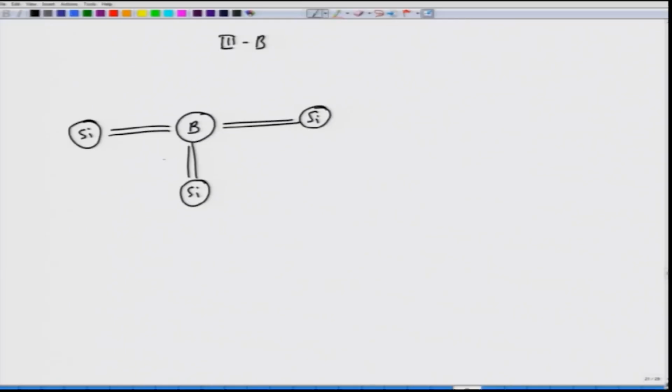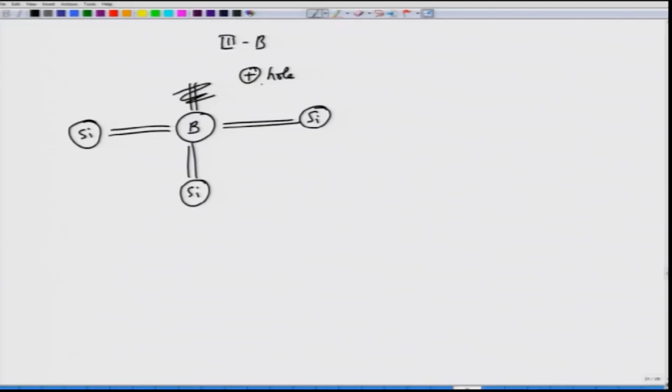Now, because there are 3 electrons which have been bonded, there is a third bond which is now empty. So, that particular bonding becomes available and it will contribute to a hole. It does not contribute to an electron because the electron is tightly bound to silicon. It can't just start roaming around in the silicon.